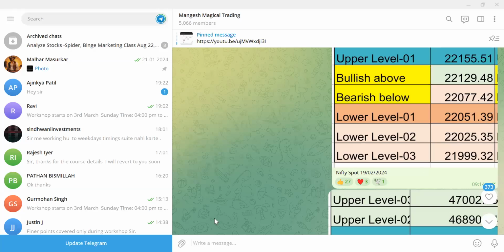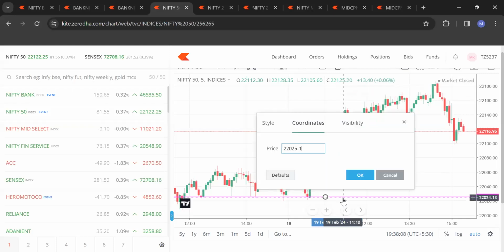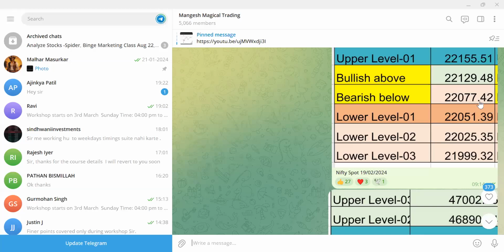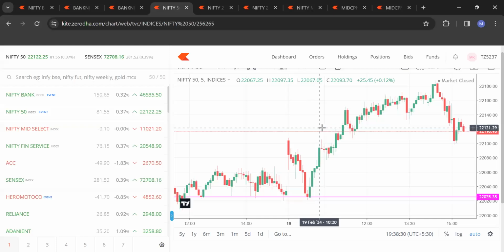22,025.35. And this was even before the market started. Now, if it turns from this level, then bullish above will be 22,129. First, it will have to cross 22,077 and then 22,129.